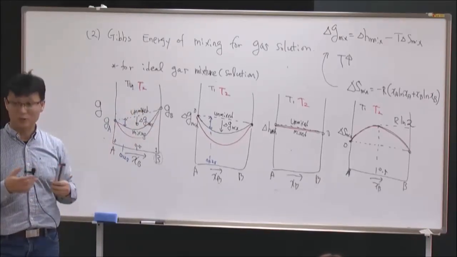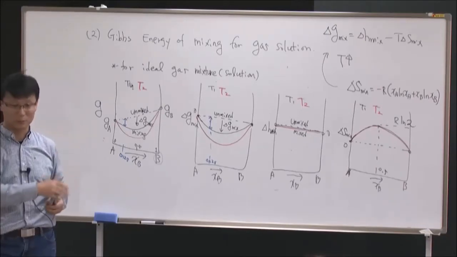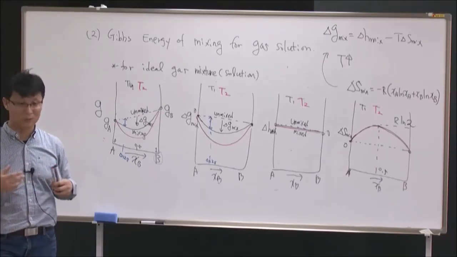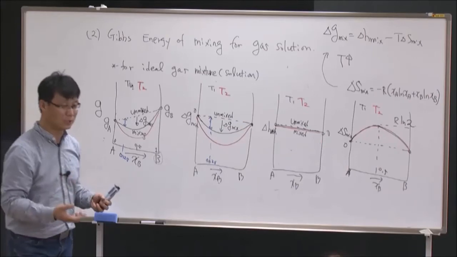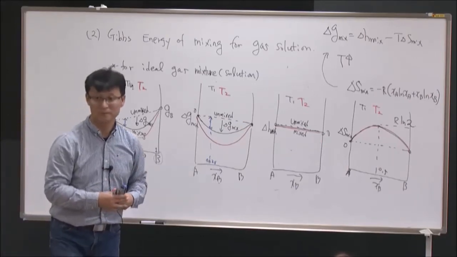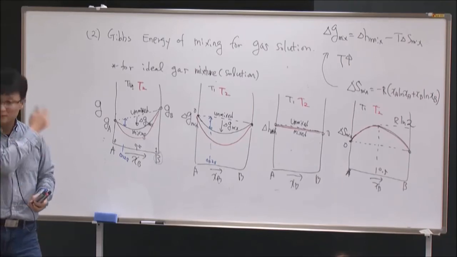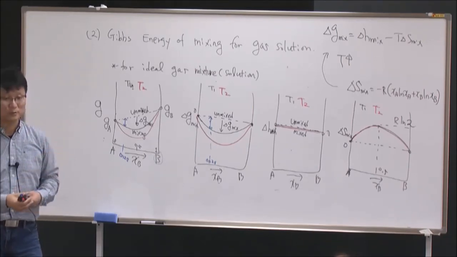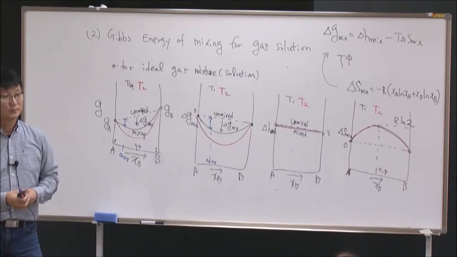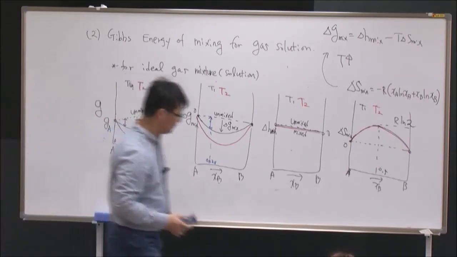But that's actually better in terms of the Gibbs energy. So Gibbs energy of mixing becomes more and more negative with increasing temperature. Okay, so the temperature effect is quite reasonably understood. Is it okay? Good.